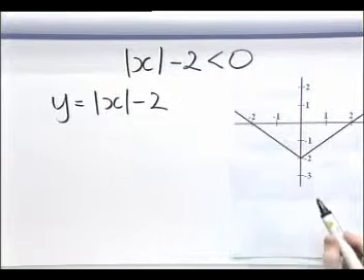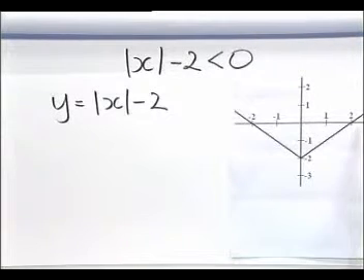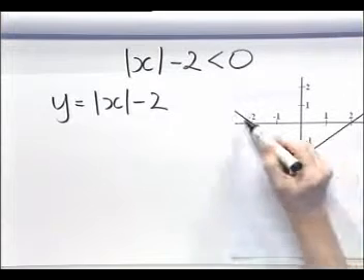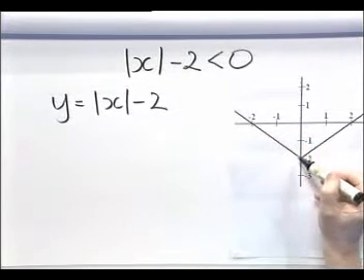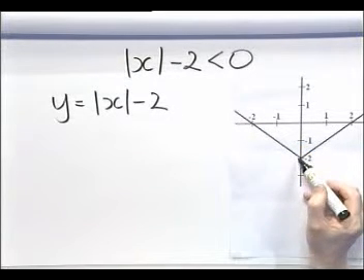For those of you who are not familiar with modulus functions, it might look a little bit strange. On the right, we have part of the graph of y equals x minus 2. And on the left, where x is less than 0, we have part of the graph of y equals minus x minus 2. This is because the modulus function changes the sign of x when x is negative.